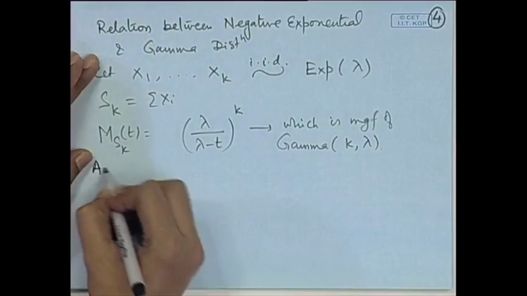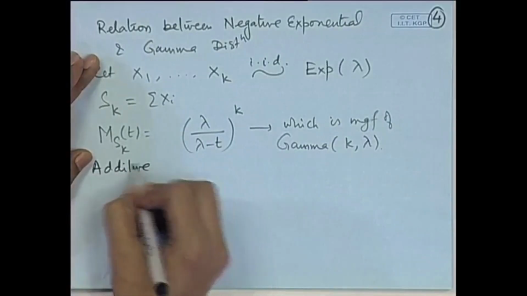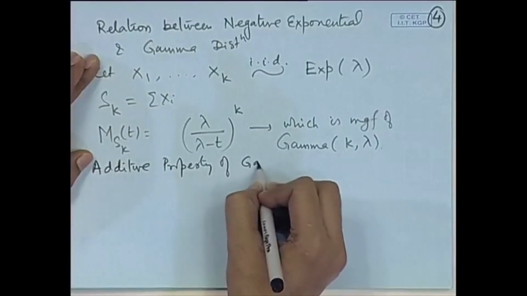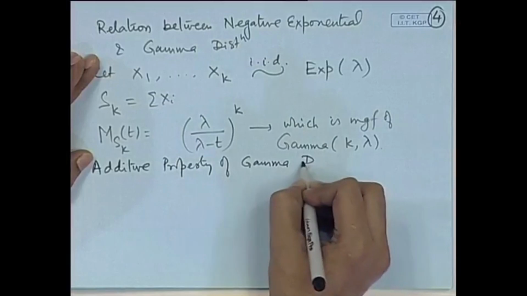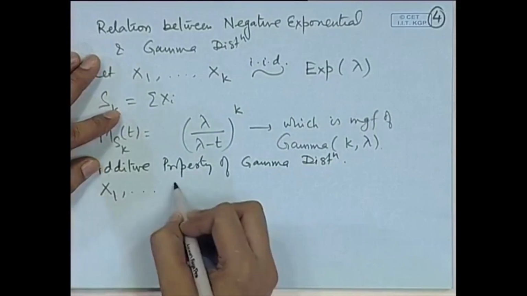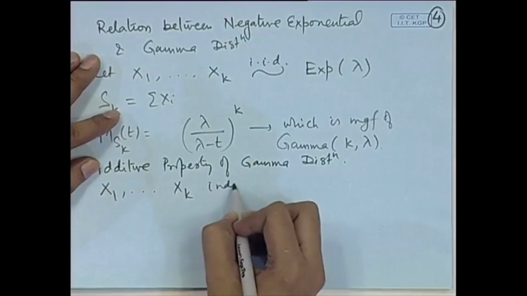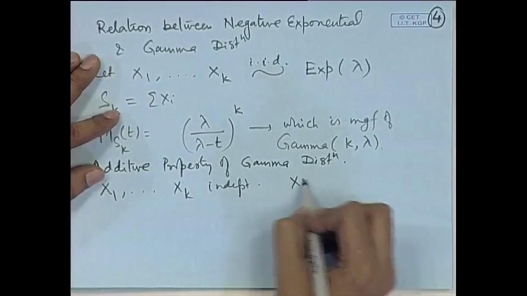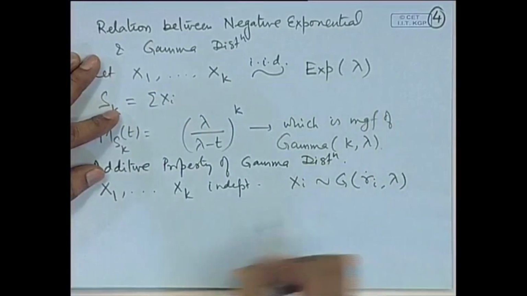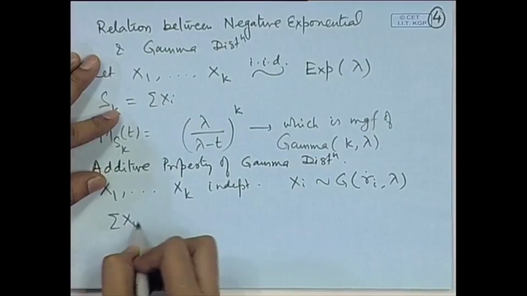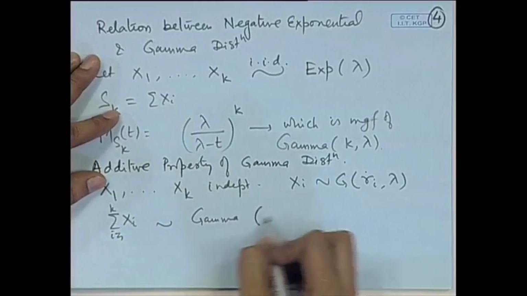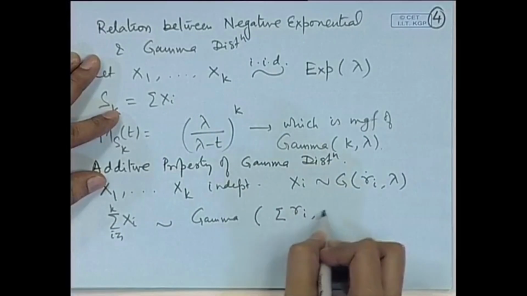Likewise, we can prove the additive property of gamma distributions also. Once again, here we can consider X1, X2, ..., Xk independent, and Xi follows gamma (ri, lambda). Then the sum of Xi, i equal to 1 to k, will follow gamma with parameters sum of ri and lambda.